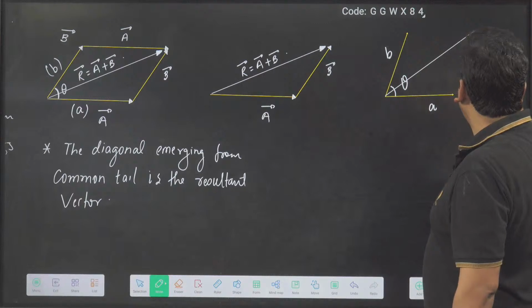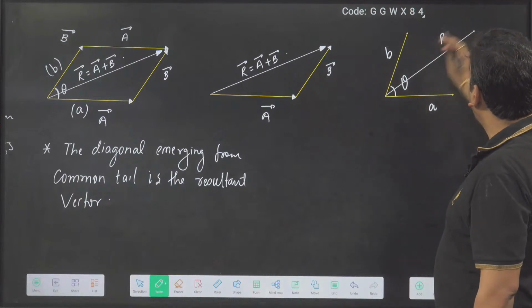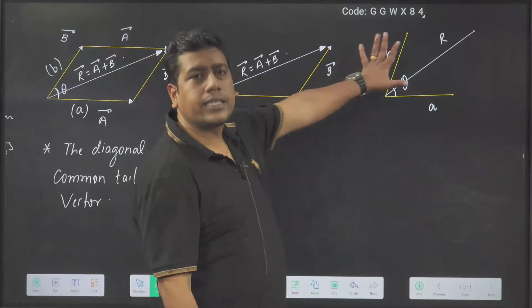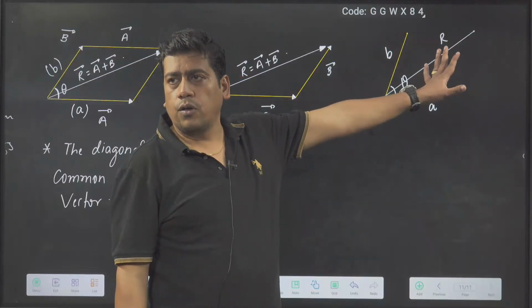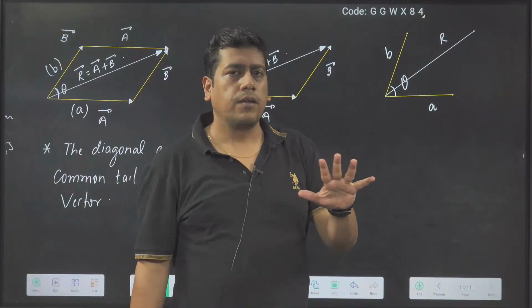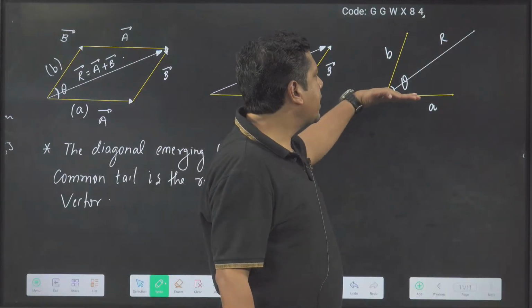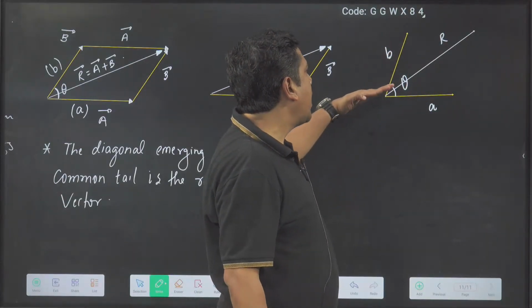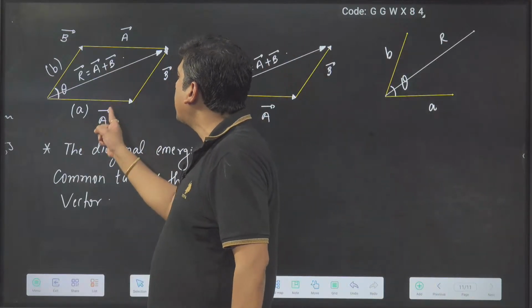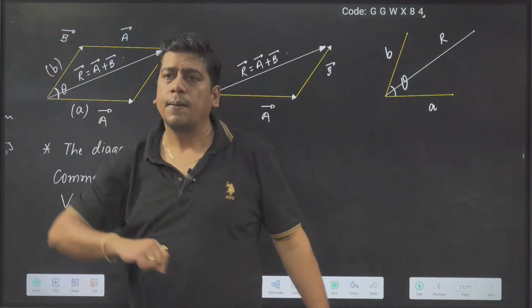And if you want to know exactly where, I have told you, along the diagonal of the parallelogram. So most of the time we draw only the half diagram, because for the full diagram you have to construct the complete parallelogram. So generally we draw like this: A vector, B vector. The resultant of A vector and B vector will be somewhere in between, because the diagonal will always be somewhere in between A vector and B vector.